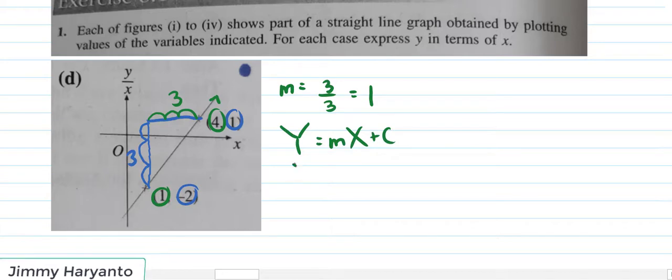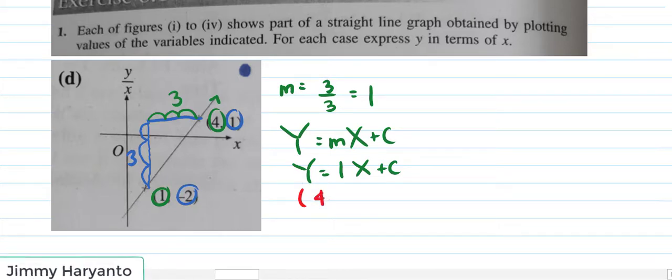And then I will have the gradient. The gradient will be rise over run. The line goes to the top right, so the gradient is positive: 3 over 3 equals 1. And then I have to find the c manually. y equals mx plus c. y equals, m is 1, x plus c. I don't know the c, but I can find it using one of the points.